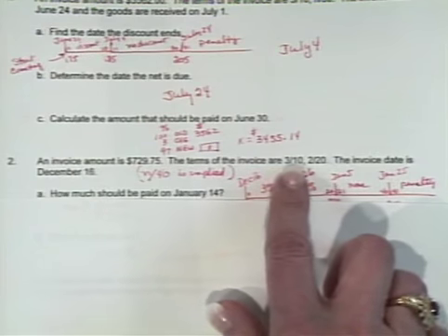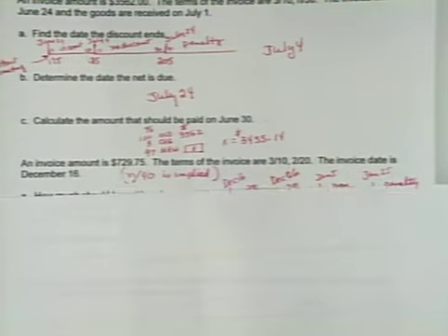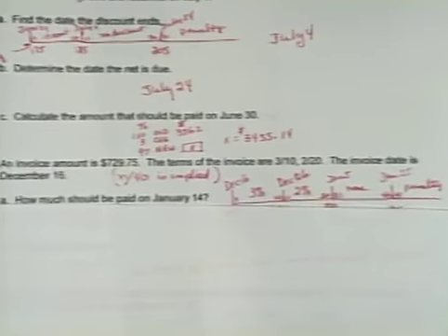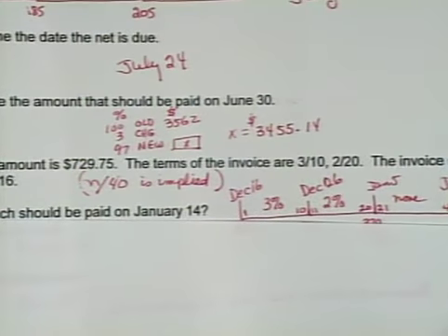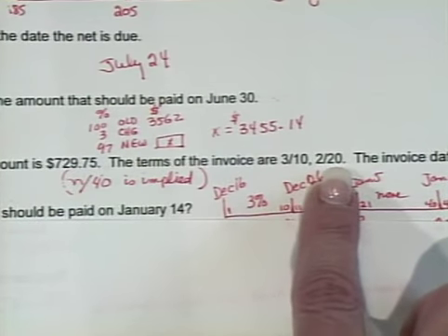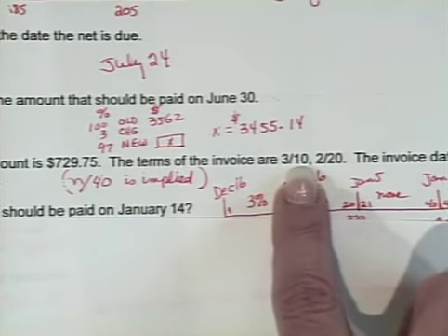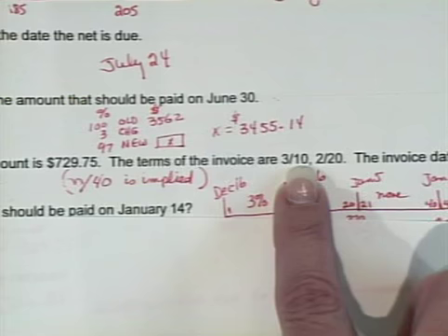What this actually says is you have a 3% discount for 10 days from the date of the invoice, and you have a 2% discount for 20 days from the date of the invoice. That is not 20 days from the end of this discount. I told you this was tedious, right? We're always going to start counting at the invoice date.